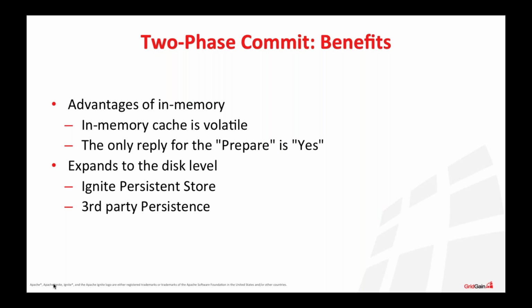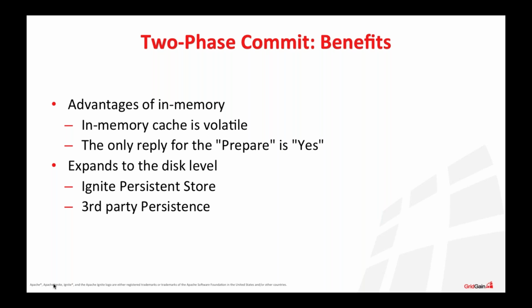With Ignite, we've got certain benefits. Because memory is volatile, we don't have to worry about the system crashing; two-phase commit is enough for this. The other issue is that we may be dealing with some level of persistence as well.